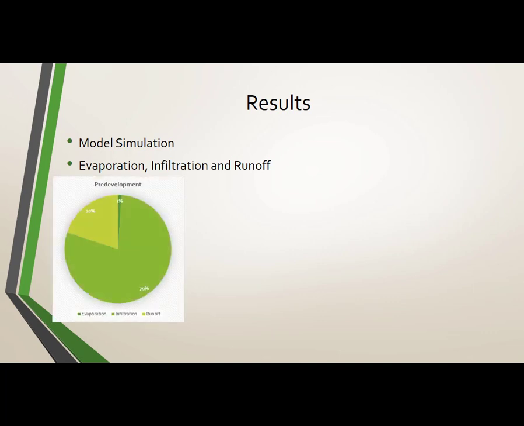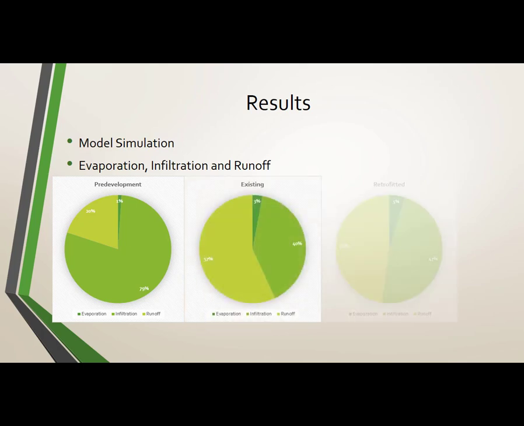So we ran the model for 3 conditions: the pre-development condition without any impervious cover, or the natural condition; the existing condition, in which there were no LIDs but we had a lot of impervious cover with parking lots and the footprint of the roofs that were constructed; and the retrofitted condition, in which we used the LID controls.